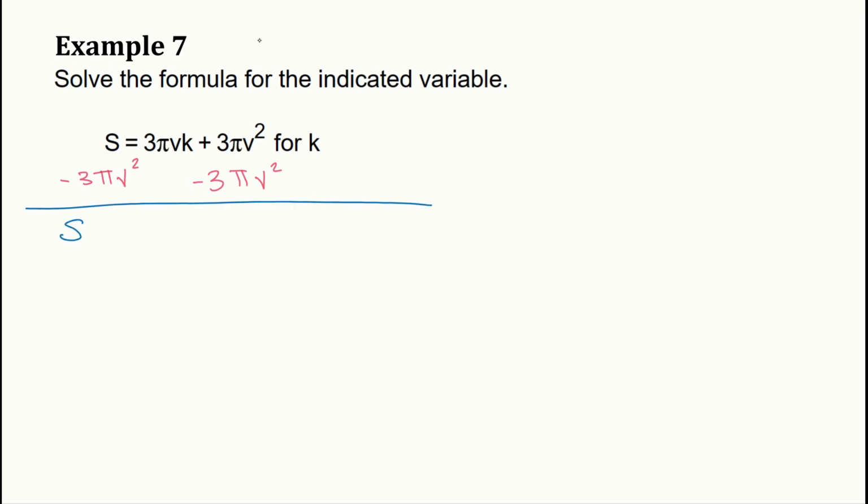So we end up with s minus 3 pi v squared is equal to, of course, these cancel out on this side, and we end up with 3 pi v k. All right, so since we're solving for k, all that's left to do is to divide both sides by 3 pi v, and we should be good to go. So let's go ahead and do that.